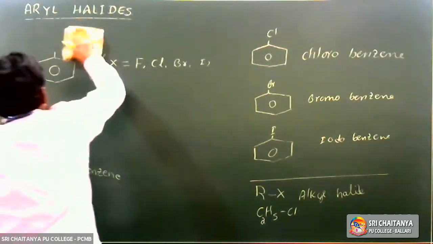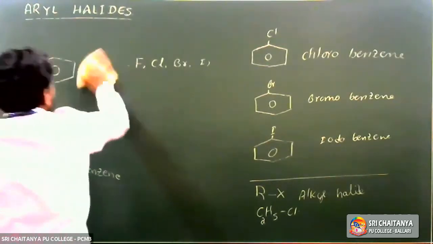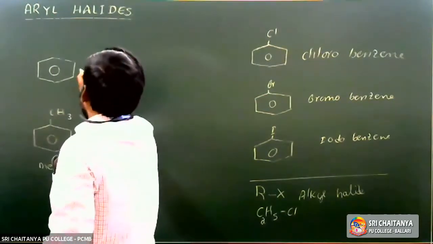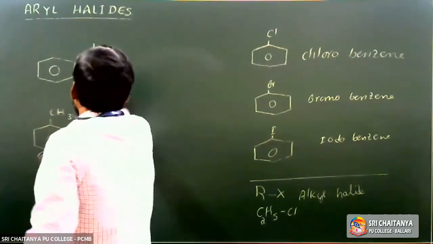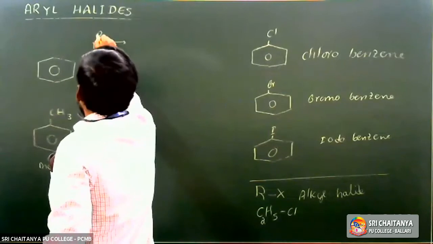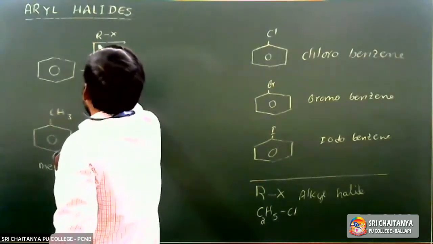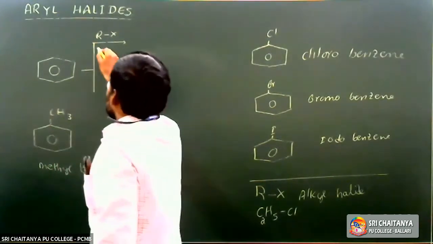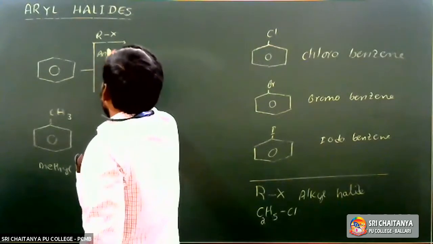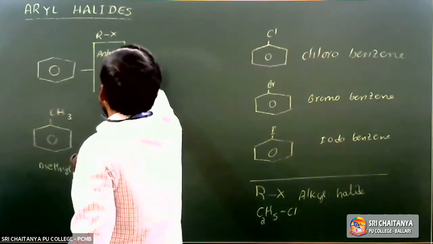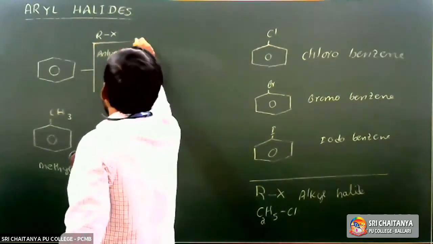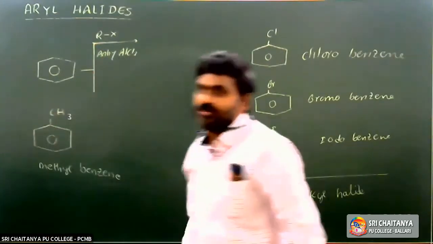Benzene reacts with alkyl halide, meaning RX, in the presence of anhydrous aluminum chloride, AlCl3, or FeCl3; iron is also used.